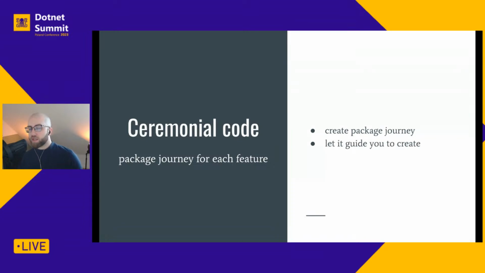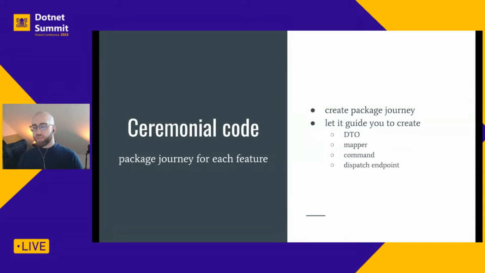And then the next step is you let it guide you to create everything you need. Because after filling in all those classes, you are being guided through the rest of it, right? So you still have the DTO, mapper, command and dispatch endpoint. You just don't have to remember them.